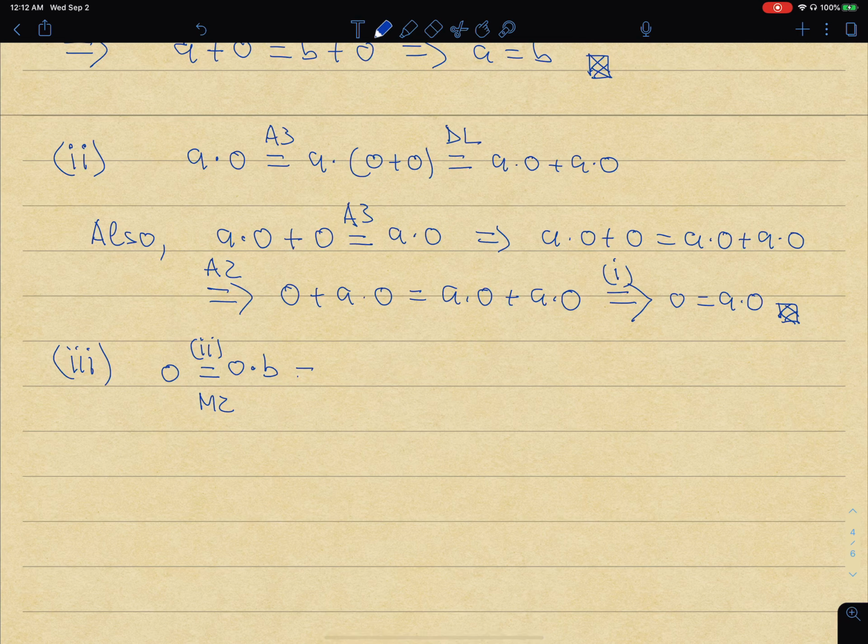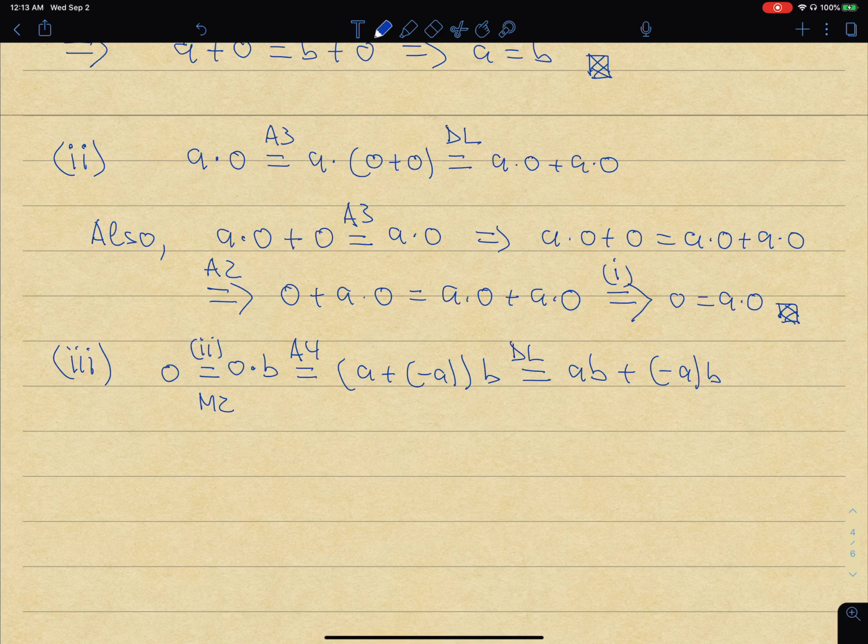But what is 0? 0, in particular, can be written as A plus minus A, times B. What is A plus minus A equal to 0? That, I believe, was A4. And then the distributive law says that this is the same thing as AB plus minus A times B. Okay?